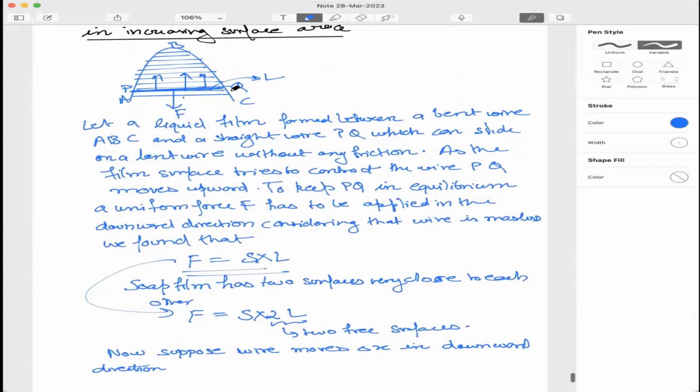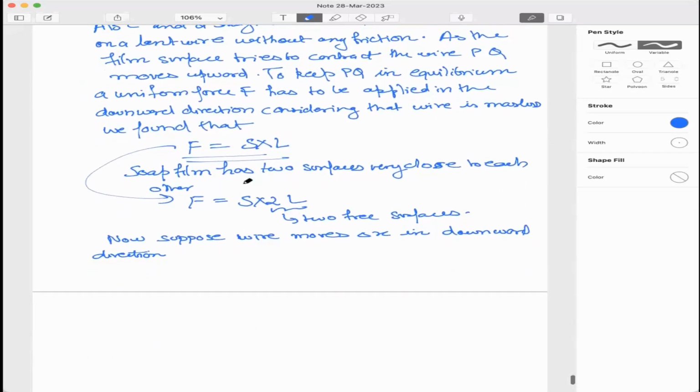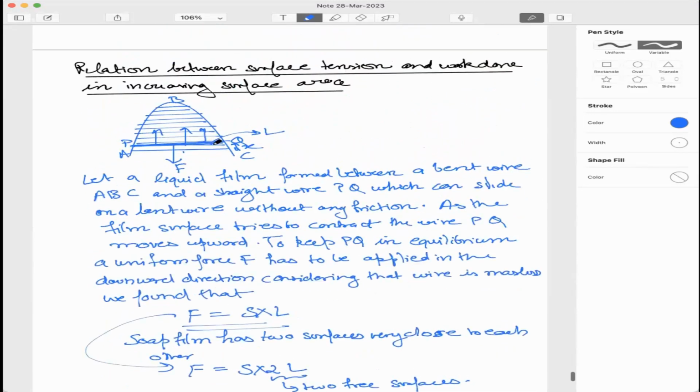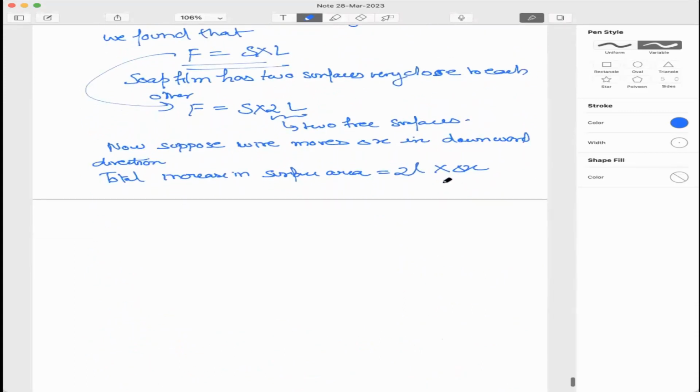If it is moved down by delta x, let's say this is x in the downward direction, the total increase in surface area is x into L, and that is on the two sides, so that is 2L into delta x.